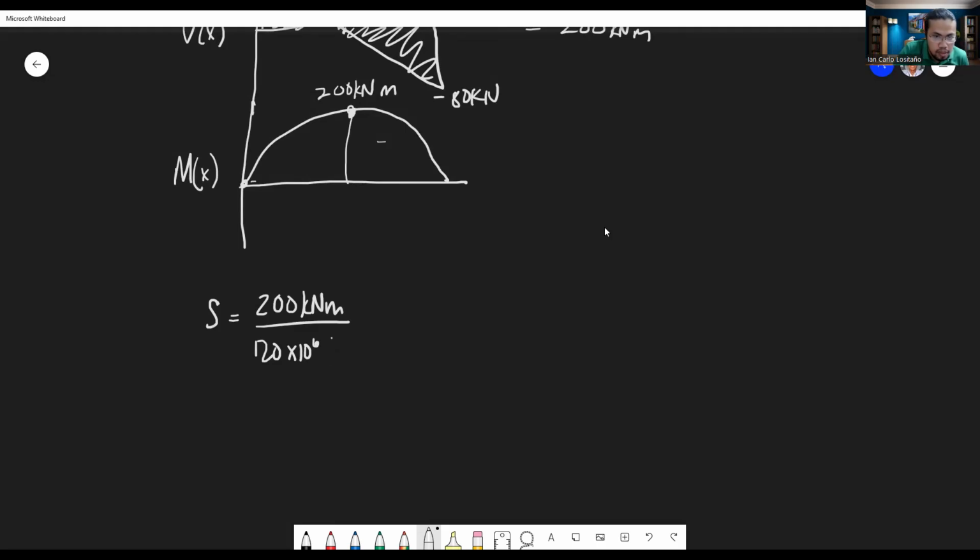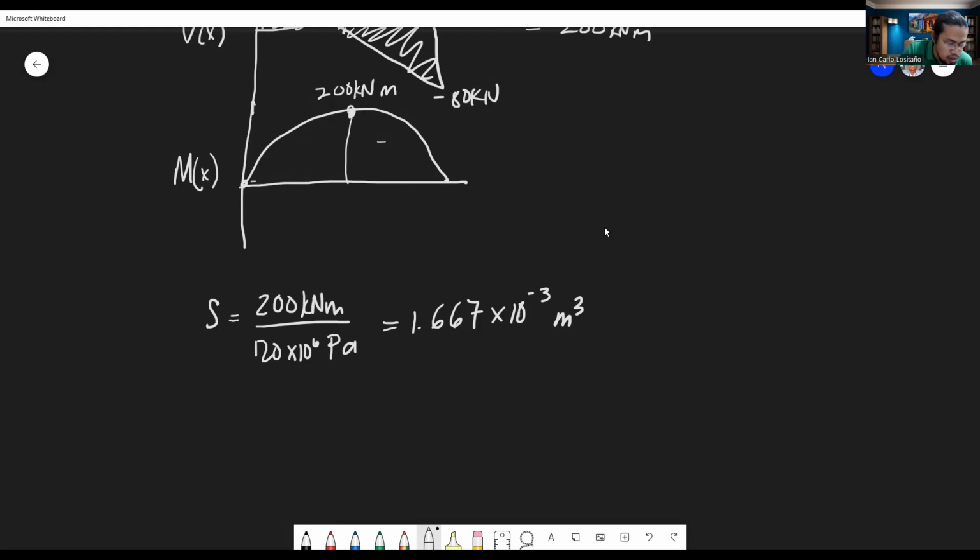Pascal is Newton per meter squared, and we get 1.667 times 10 to the negative 3 meters cubed. This is times 10 to the 3, which is why you have it times 10 to the negative 3 over here.